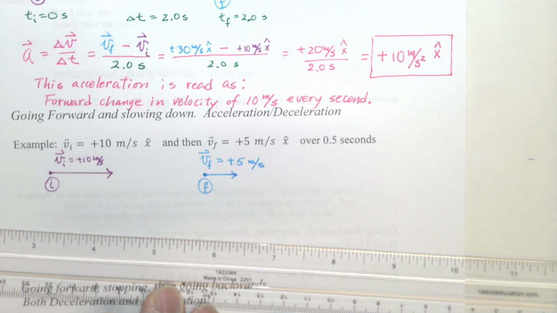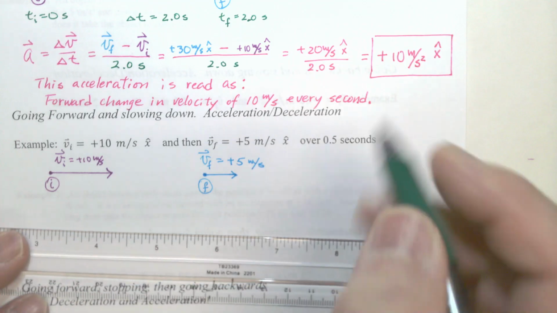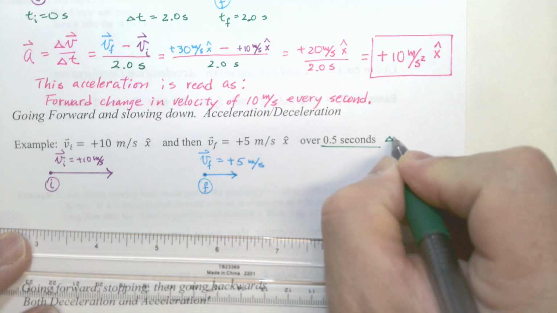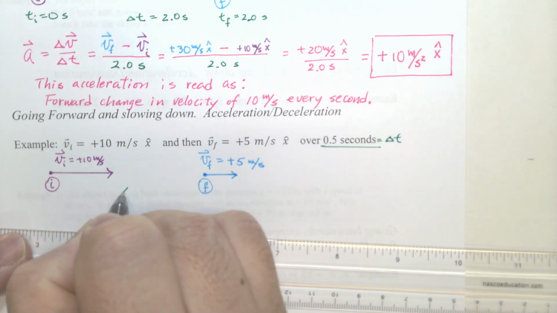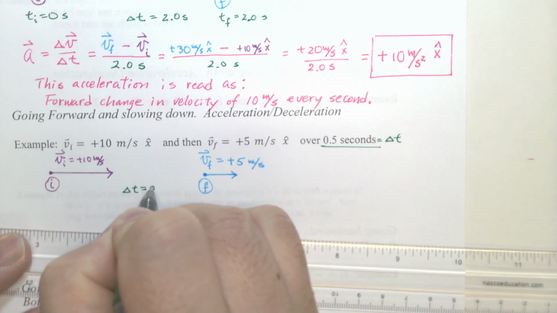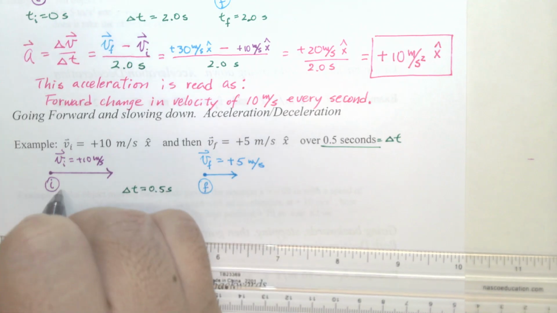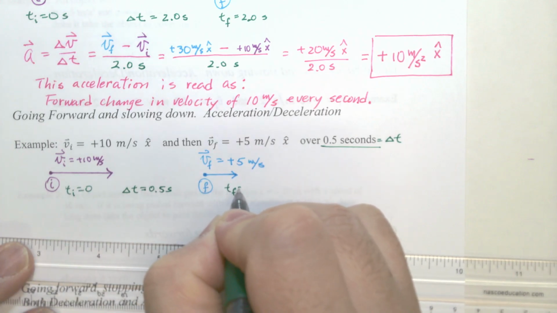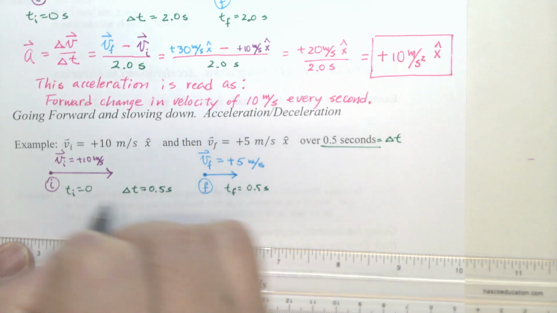Therefore, the delta t happens to be half a second, right? So this is my delta t. So delta t is equal to 0.5 seconds. So you could think about t initial is 0 and your t final is equal to 0.5 seconds. Okay?